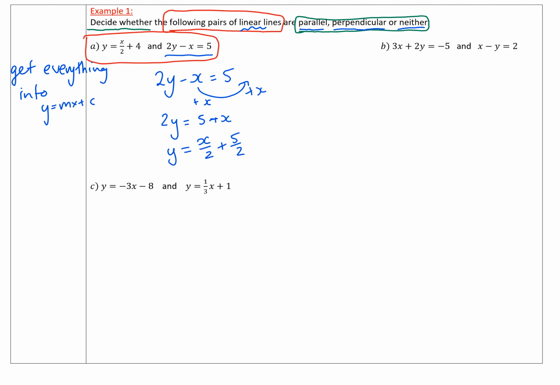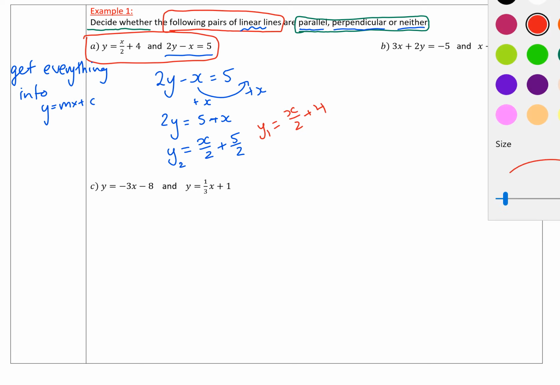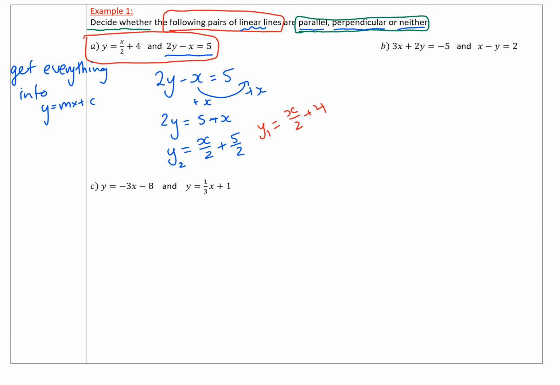Now we need to decide if they're parallel, perpendicular, or neither. We can call this graph y2, and we knew from before that y1 was already in that form, which is just x over 2 plus 4. Here we can see that the gradient for both of these is 1/2. So m1 equals 1/2 and m2 equals 1/2.